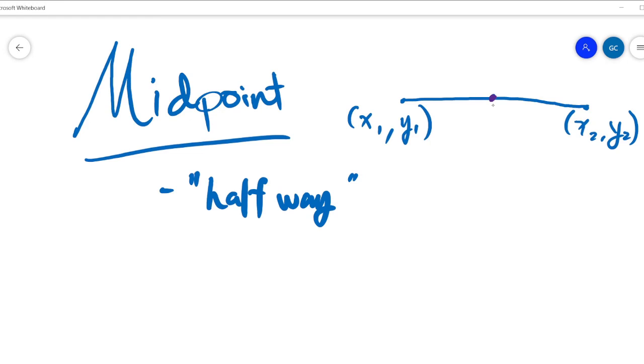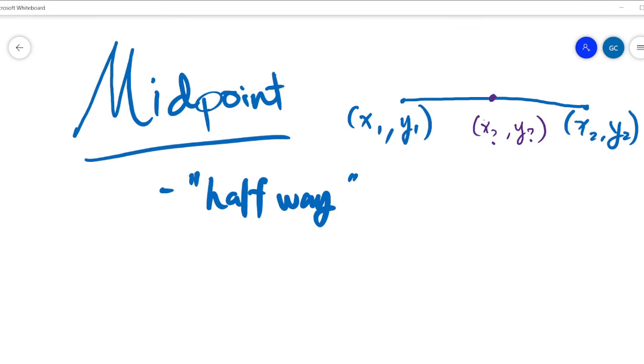To get that point, say x question mark and y question mark, we can determine it by simply getting the averages between the x's and the y's of our points.